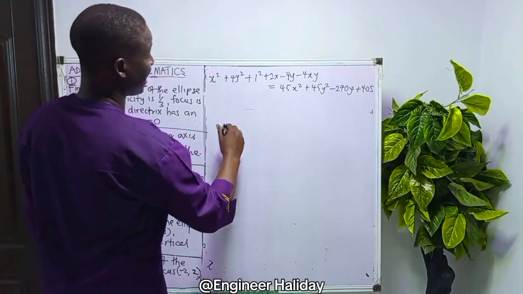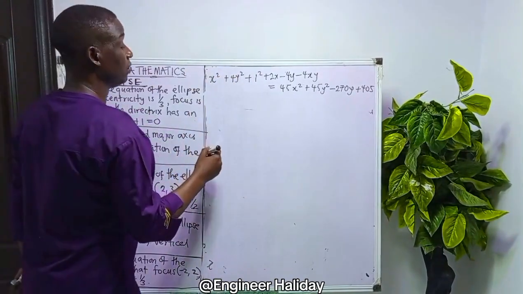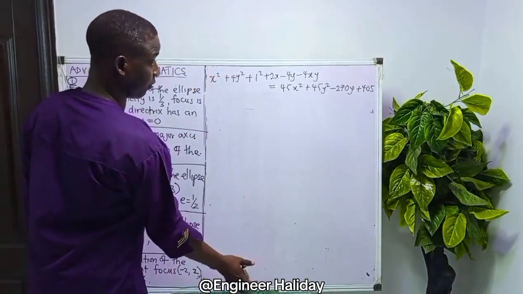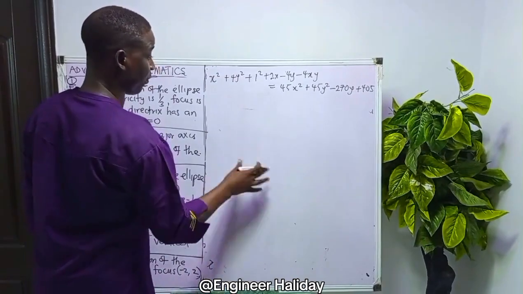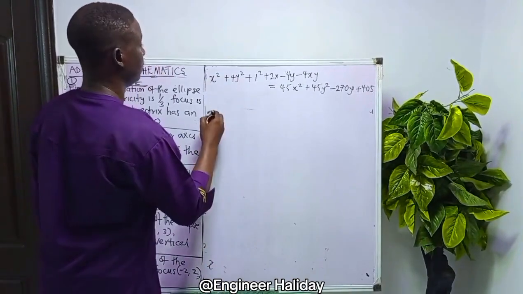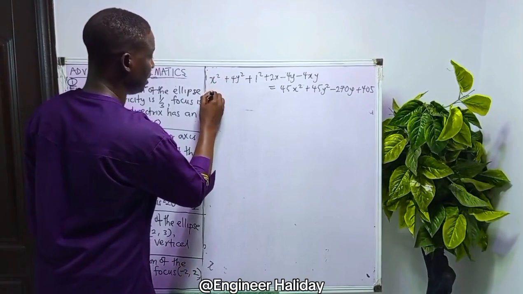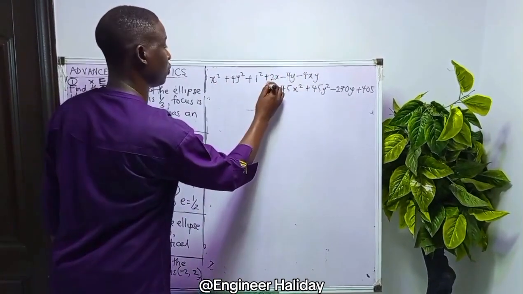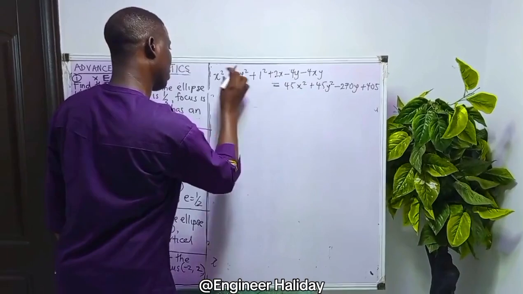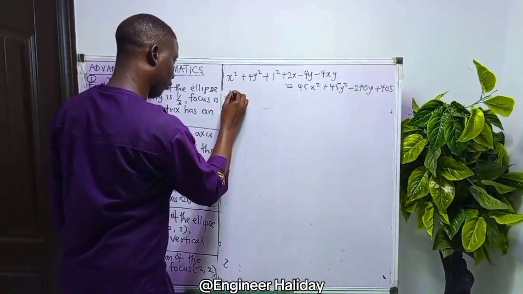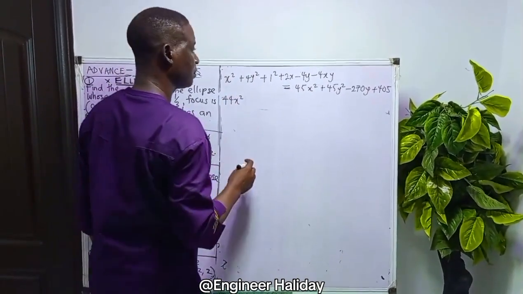So we will now collect like terms. This is what we have written last before we clean the board. So let's collect terms. This one will go to the other side, cross the equal sign. So 45s squared minus s squared will give us 44s squared.